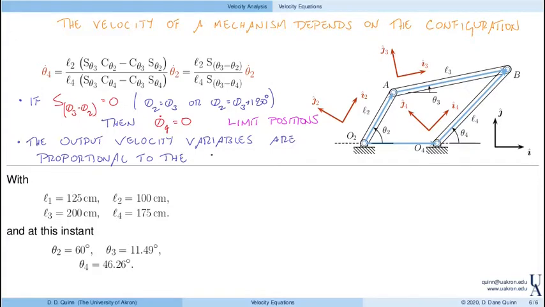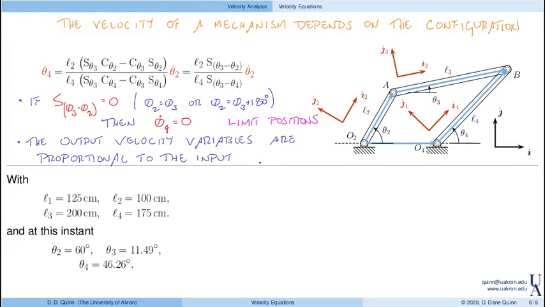What that means is that they scale. If we double the input, I would double the output. There is a coefficient in front of this that depends on the configuration, but at a given configuration, the input and output angular velocities, for example, are linearly related.